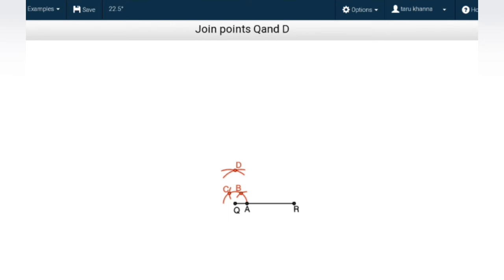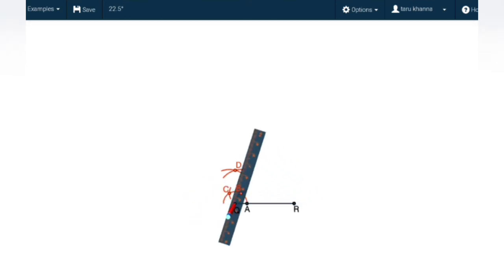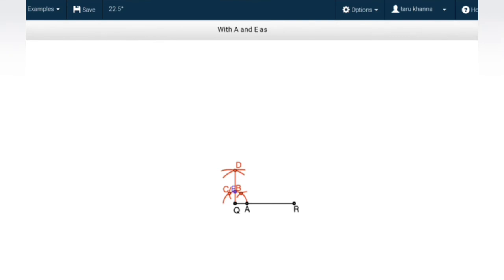Now the next step is to bisect this angle DQR, of 90 degrees, to get an angle of 45 degrees. So we will mark the point on the main arc which is intersecting the line segment QD as point E. And now with A and E as centers and a radius more than that we took for the main arc, we will draw two arcs.